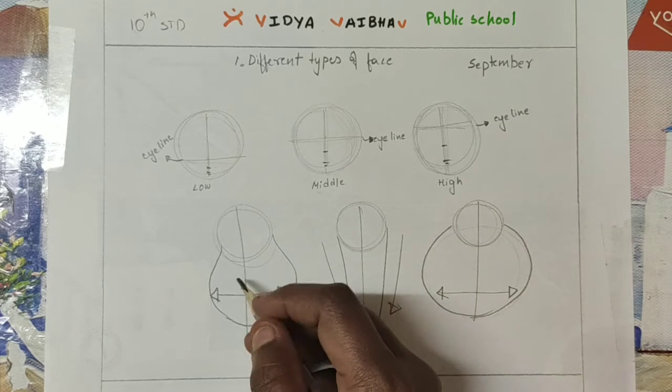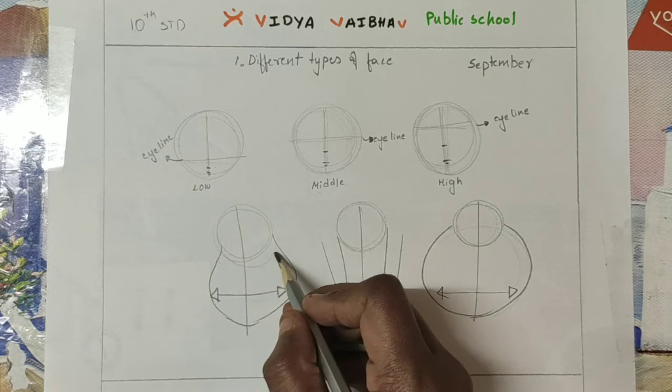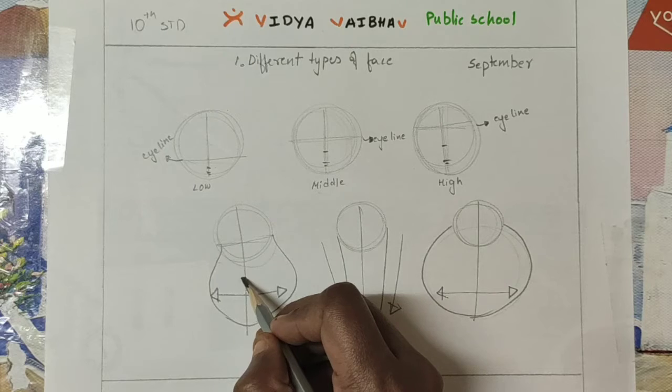See, now it's exactly in the center. The eye line can change, whether in a low, in a middle, or it can be in a high also.